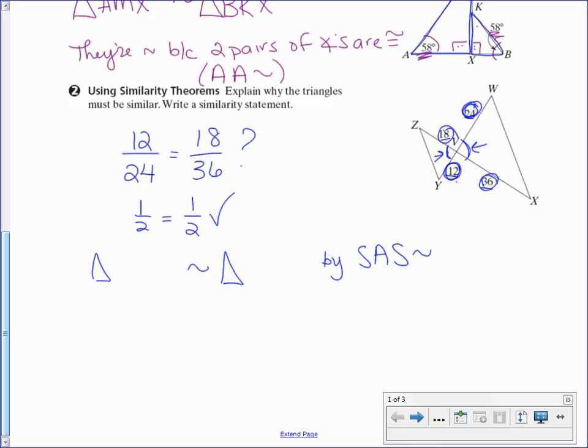So if I called the first one ZVY, be careful, ZVY would then go with XVW. Z and X are corresponding there. And the reason that I have to order it like that is I have to make sure that I deal with the small sides first. ZV is right here, 18 is the bigger side, so 36 is the bigger side. That's why XV needs to come first on the right.